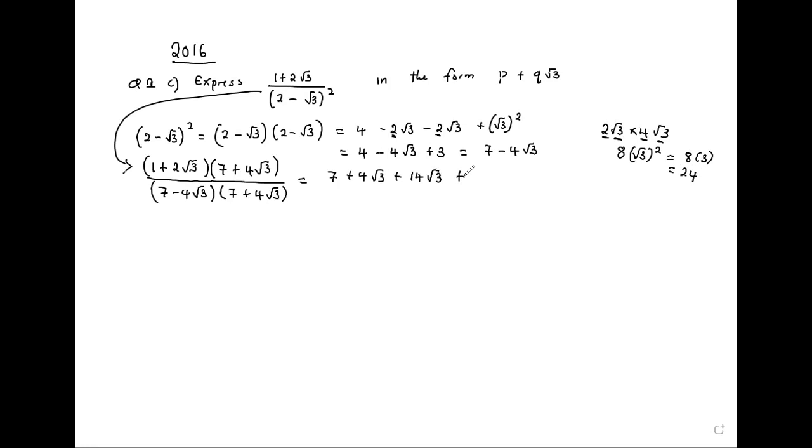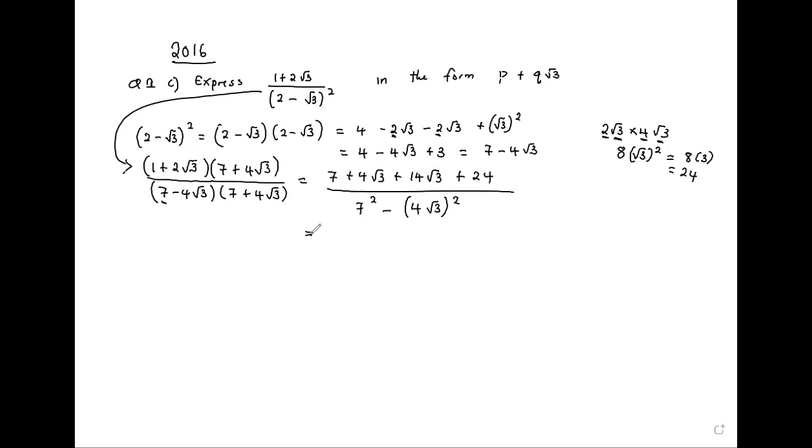So we come here with 24 over, here you just need 7 squared minus, because negative times positive, you get minus, and then 4 root 3 squared.